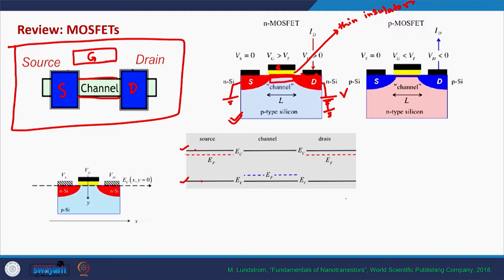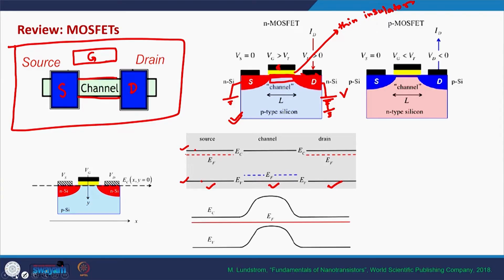If we plot these three energy levels, that is how we obtain the band diagram. These are the band diagrams of the source, the channel and the drain separately, assuming that we have not contacted the source to the channel and the drain to the channel. This is how the band diagrams of the source, the channel and the drain will look like in an N MOSFET when they are not in touch with each other.